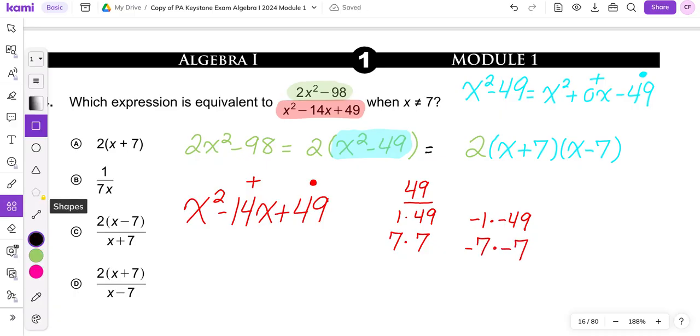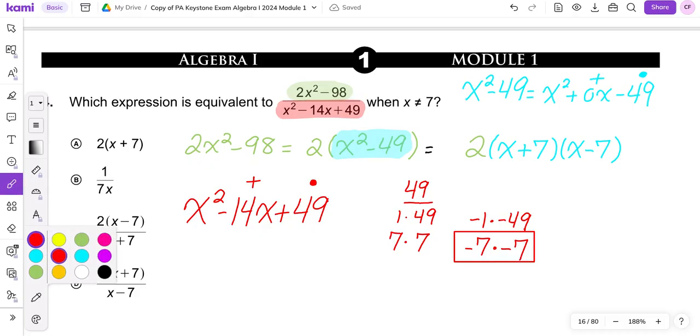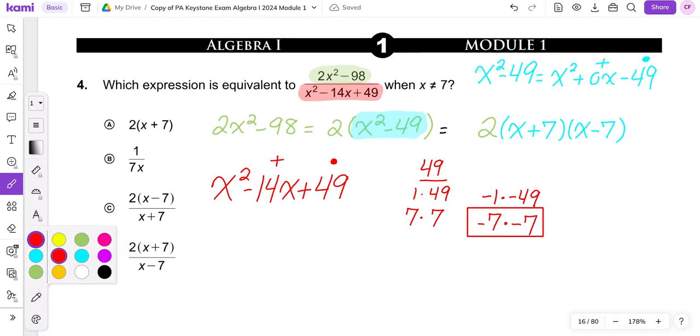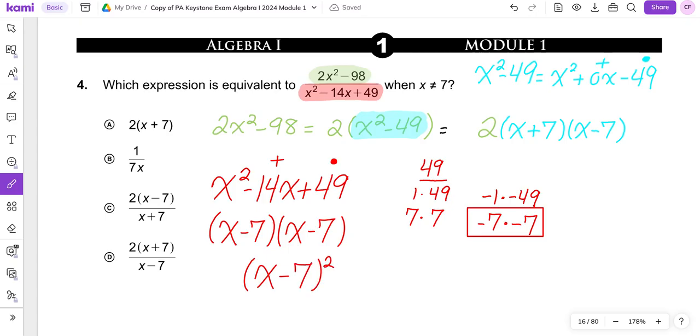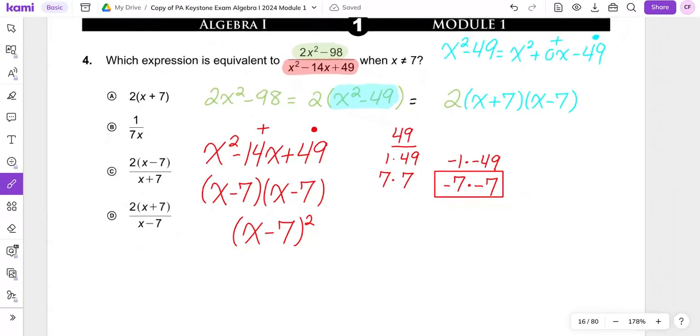The one that adds to be the negative 14 then is the minus 7 and the minus 7 there, or the two negative 7s. Therefore, to factor the denominator, the red part, this would be the same thing as x minus 7 times x minus 7. And we might also see this as x minus 7 squared. I wouldn't recommend doing that part though, the squared, when we're trying to simplify.